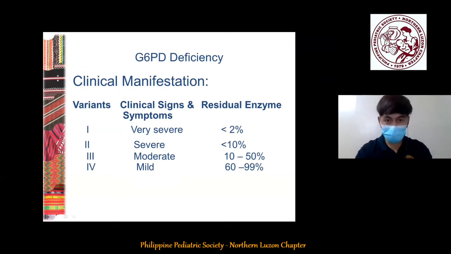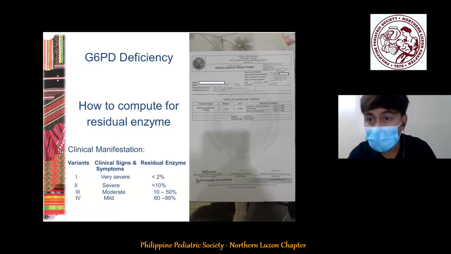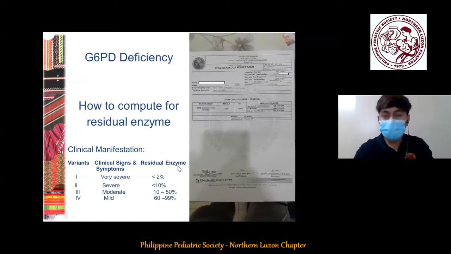How to compute for residual enzymes? So paano ba to? Okay. Tingnan nyo po yung sample ko dyan. This was taken October 20, 2020. Okay. So, paano mo malalaman yung result is under very severe or moderate or mild?